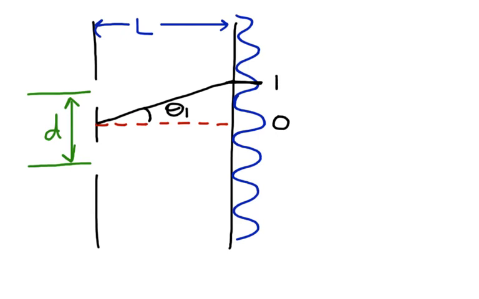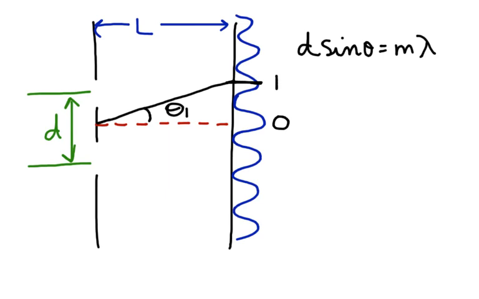So we have a formula for constructive interference, and it looks like this. It's d sine theta is equal to m lambda. Now, as you can see in the picture, d is the distance from the center of the first slit to the center of the second slit.